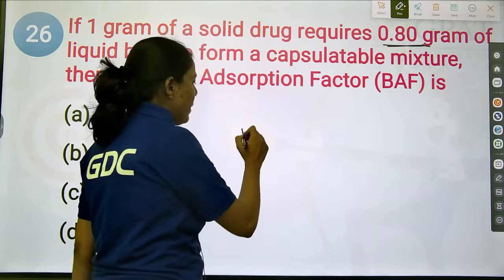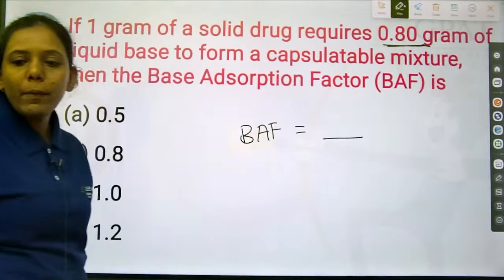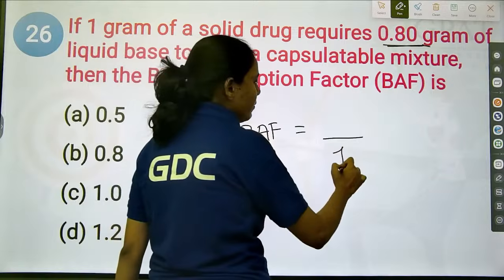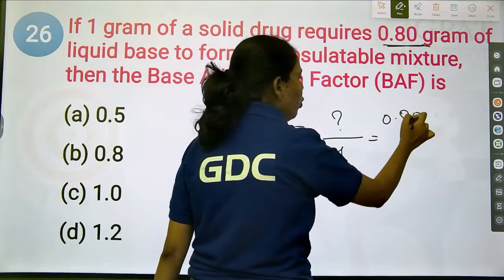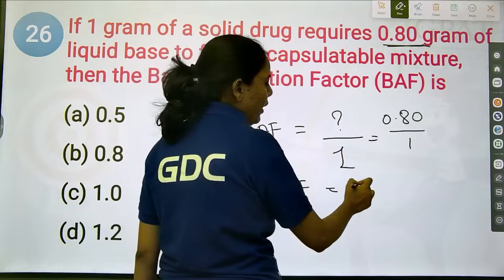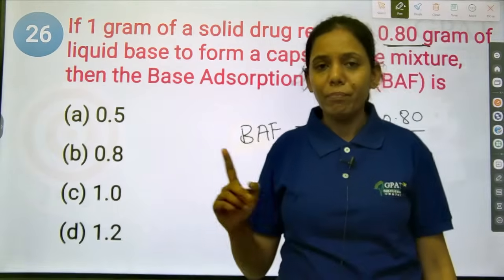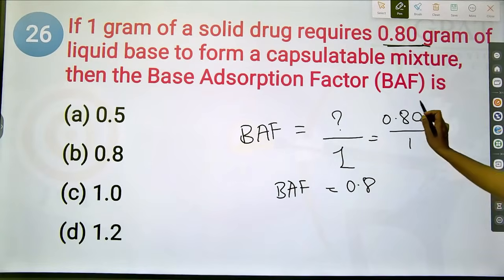Just now we have seen base adsorption factor is how many grams of liquid base are required for 1 gram, right? So in that how much is given? 0.80. To produce how much? 1. So simply base adsorption factor will be 0.8 because you are mixing 0.8 gram of liquid to get 1 gram of the capsulable mixture. So simply 0.8 divided by 1, it will be 0.8. Option B is the right answer.